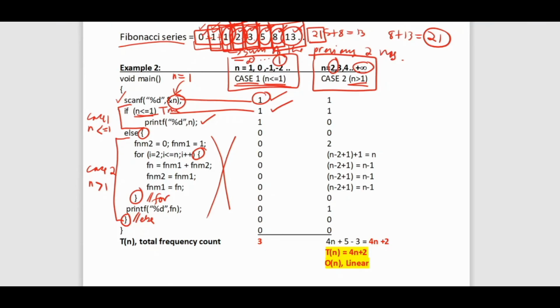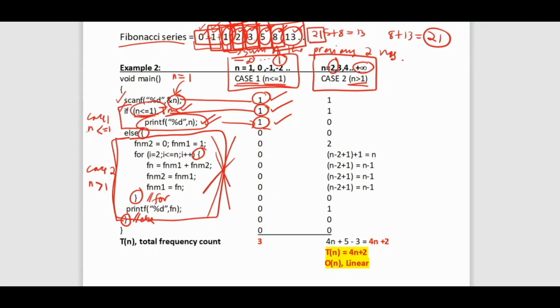Then we execute this part, which evaluates the condition if n is less than or equal to 1. That's one execution. When this condition is true, the next line, the printf, is executed. That's why you have here 1 frequency count. Since this is true, the whole else block, this whole part of statements, will not be executed.